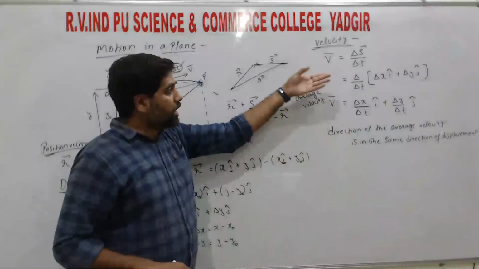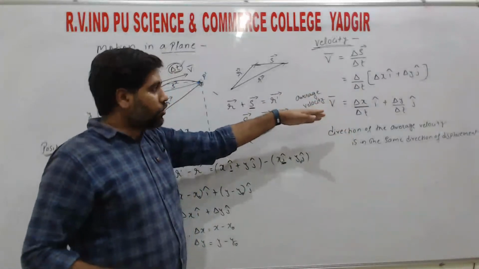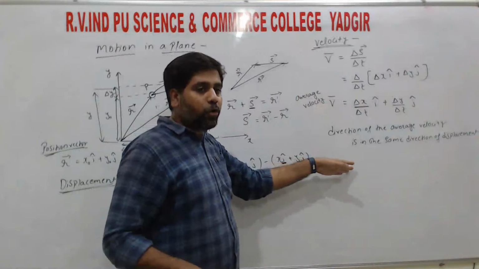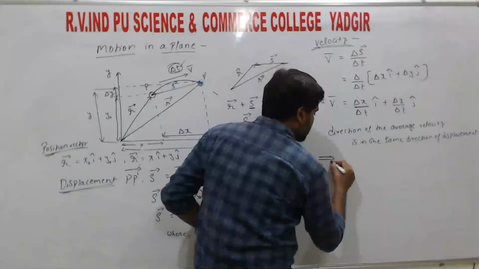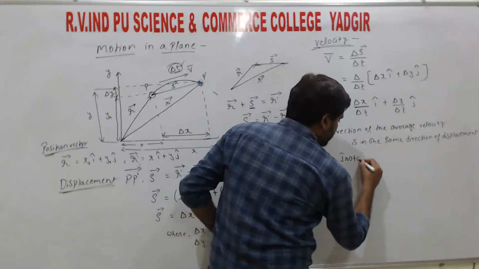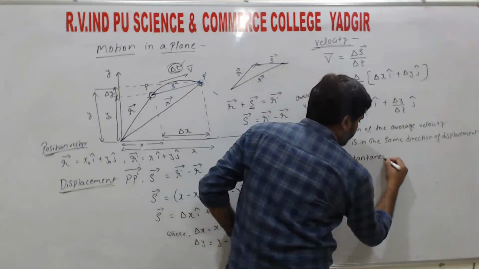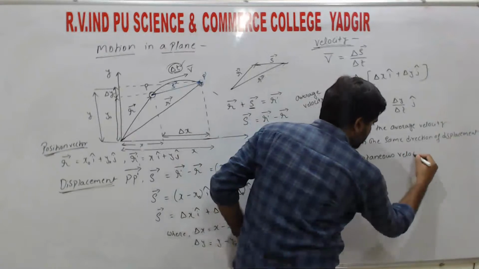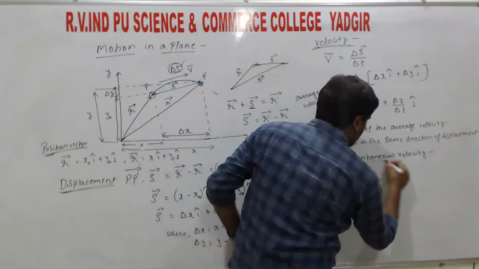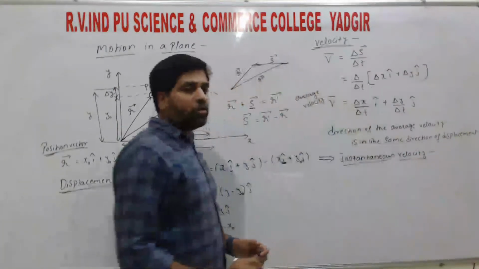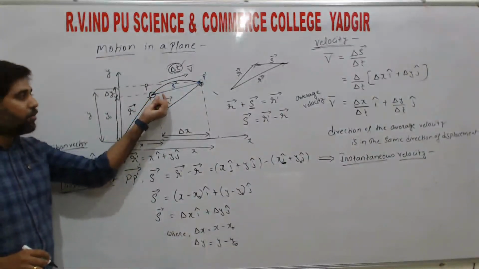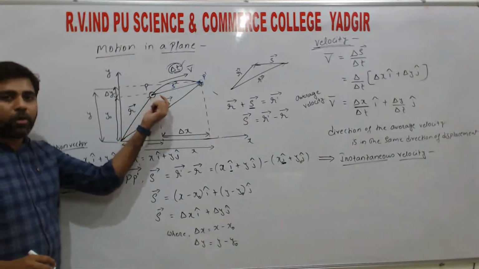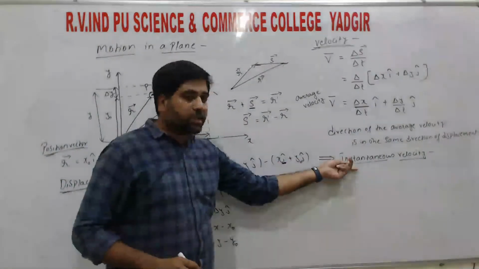So we have different types of velocities, right? One is average velocity and the second important one is instantaneous velocity. So now if we discuss instantaneous velocity, what is it? It is the velocity of a particle at that particular time. If we find the velocity of the particle at some particular time, we call it instantaneous velocity.